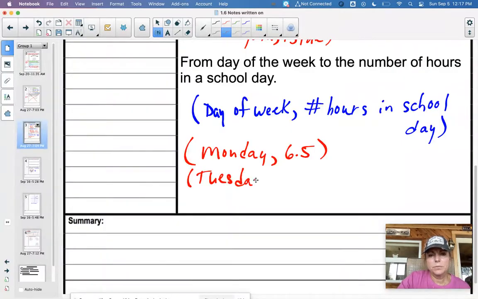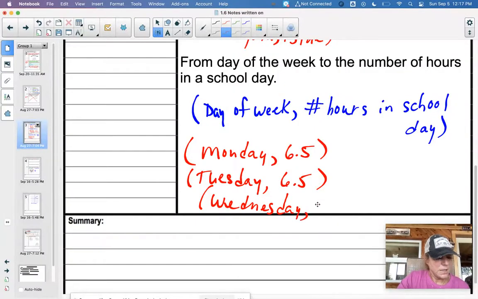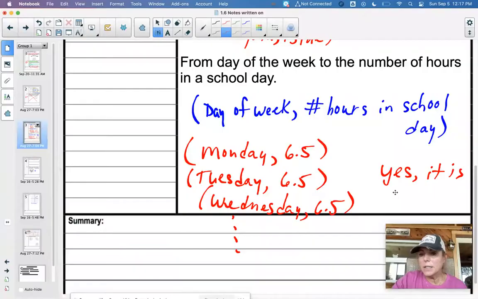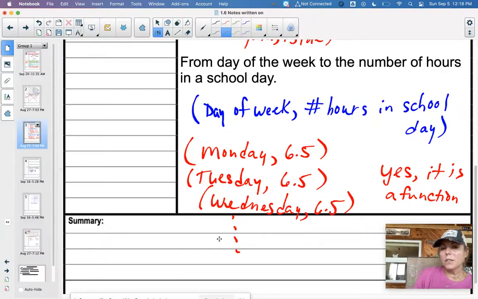Tuesday, 6.5 hours. Wednesday, 6.5 hours, and so forth. Yes, it is a function. The Y's repeated, but the X's aren't. We have unique days of the week. They will not repeat.